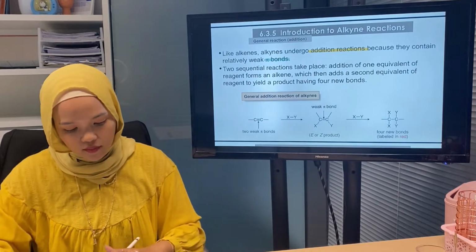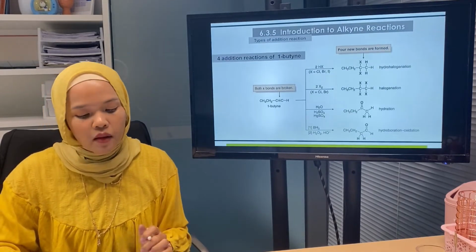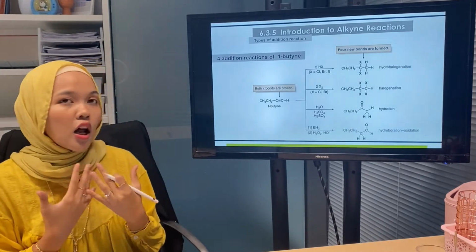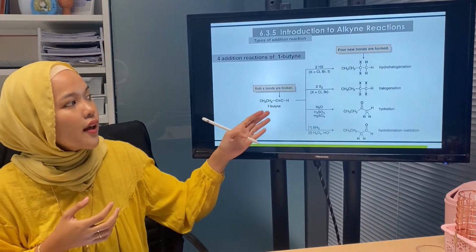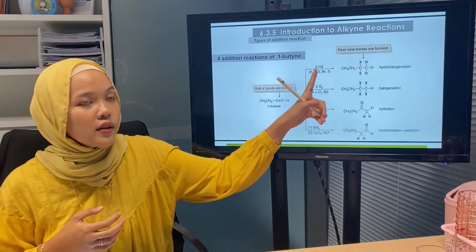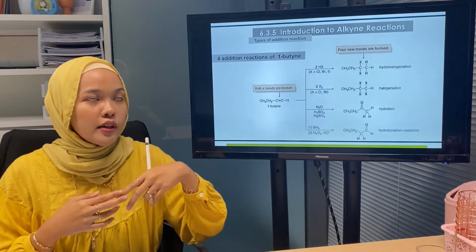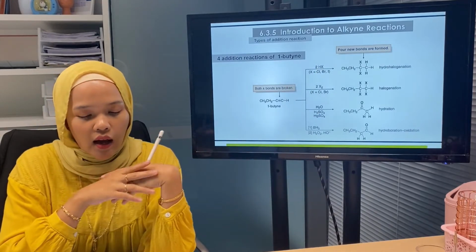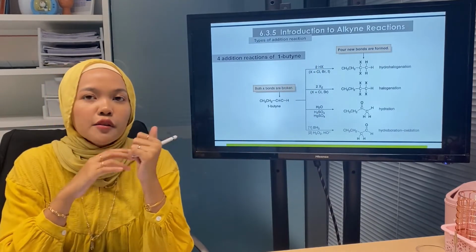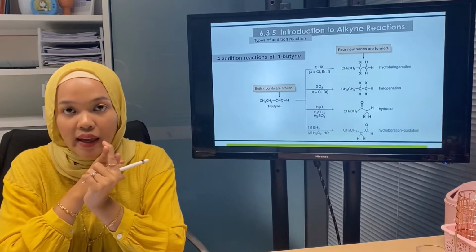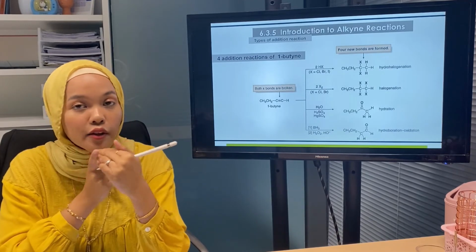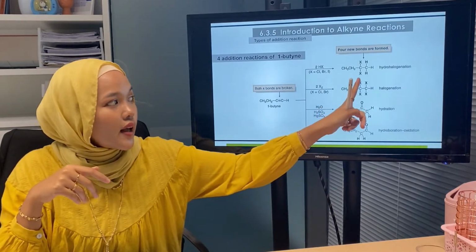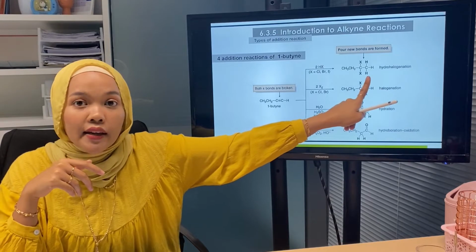Alright. So here, for alkynes, you can add a lot of compounds. For example, if you add 2 equivalents of HX, which is hydrochloric acid, hydrobromic acid, hydroiodic acid, or hydrofluoric acid, you will get this product, which is a dichloride.